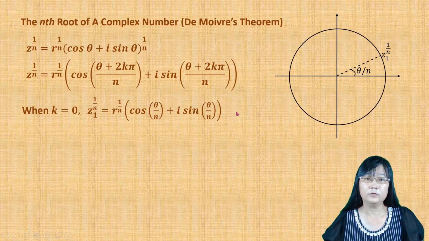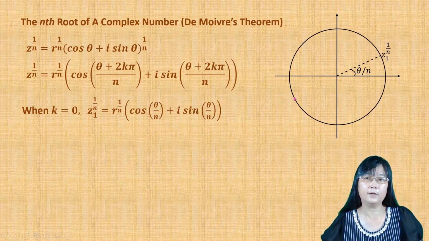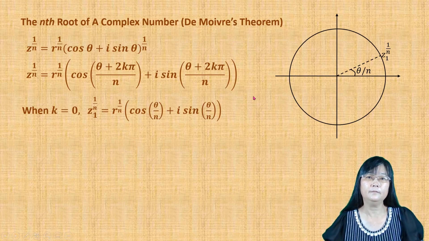When n is equal to 4, there are 4 values of the root, and the 4 values will divide the whole circle into 4 equal parts, where the angle at the center of each part is equal to 2 pi divided by 4. So the second value will be somewhere here, the third value here, and the fourth value will be found somewhere here.